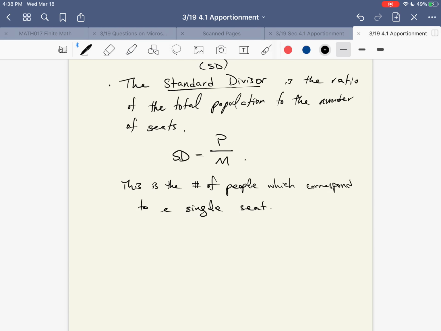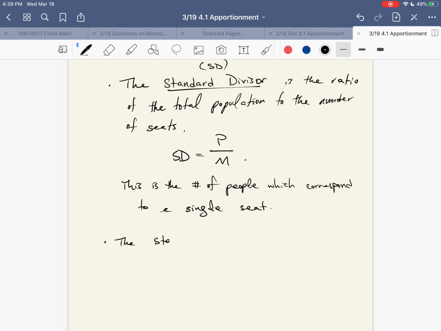Okay, so related to the standard divisor, this is just going to be a number, and every collection of states is going to have some standard divisor. But now we have one standard divisor, but each state is going to have what we call a standard quota. Given that this number of people correspond to a single seat, now if my state has this many people in it, how many seats should I get? That's in essence the question we're asking.